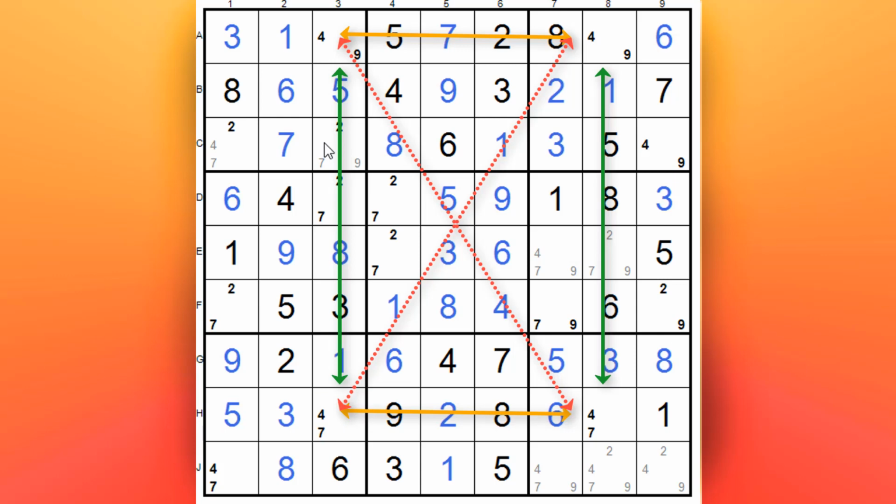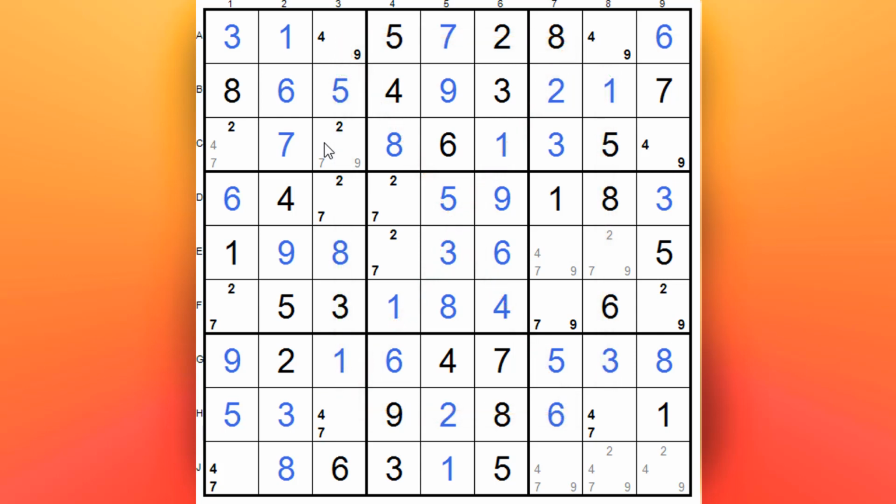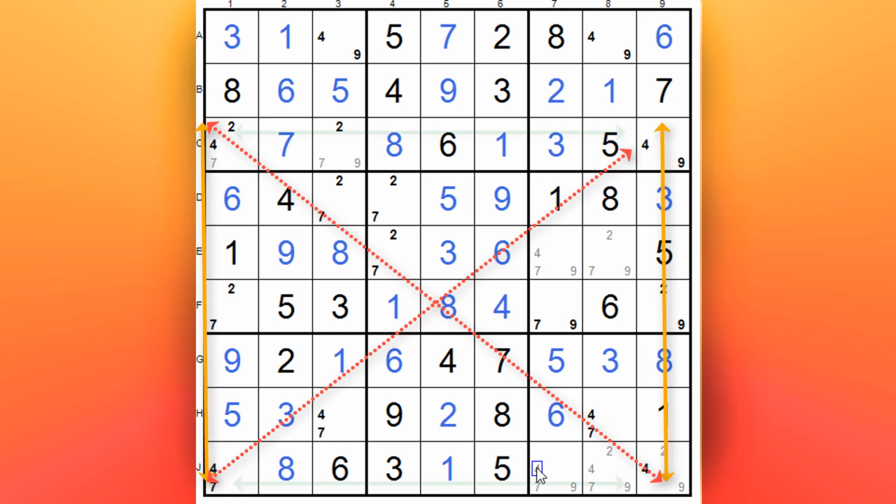Now, there is another X, in fact there's quite a lot of other X-wings in this puzzle, but we've got 2 4s there, 2 4s down this way, and we also have 2 4s this way here. So this is a different X-wing, because this way the bases are on the columns. So we've got 2 there and 2 there, which will allow us to get rid of these 2 4s here.